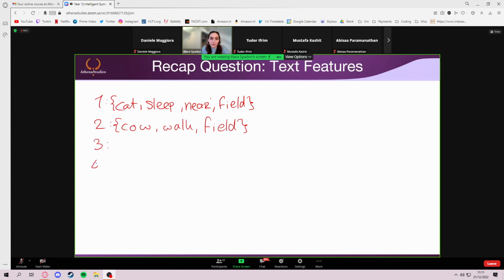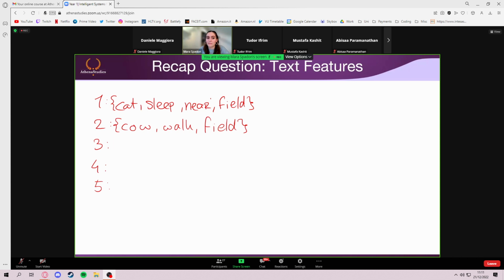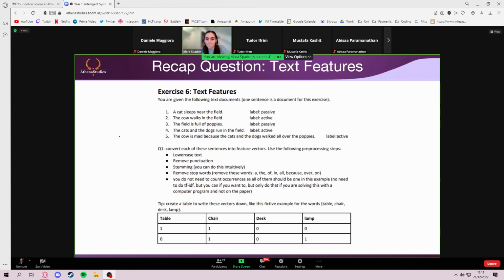So for the third one, we have field is full of puppies. So I think I already saw field. Do we remove is or do we keep it?